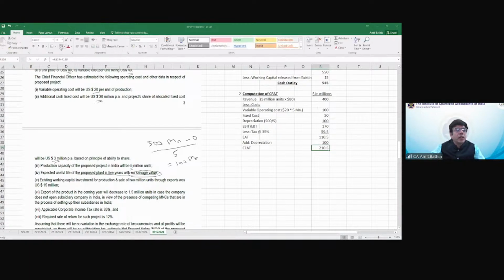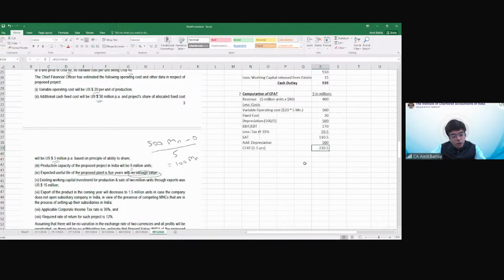So I get CFAT, which is 210.5. Now this is cash flow after tax for how many years? For 1 to 5 years, constant, no change. Nothing else is mentioned, so I'm assuming this is the same for all the 5 years.